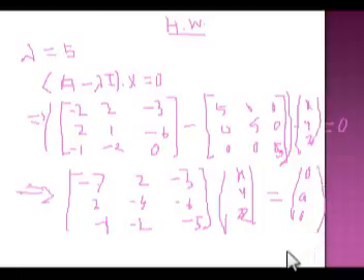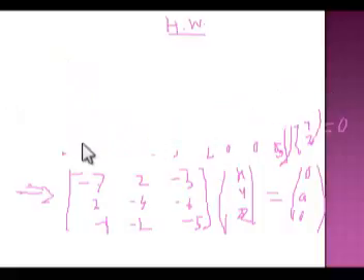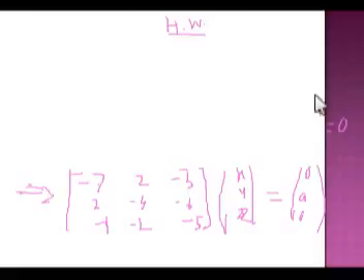So we will get 3 equations from this. We know matrix multiplication. I already made a video about matrix multiplication. If you don't know how to do matrix multiplication, it is very easy. I will again tell you the row and the column we will take, for each row and each column.